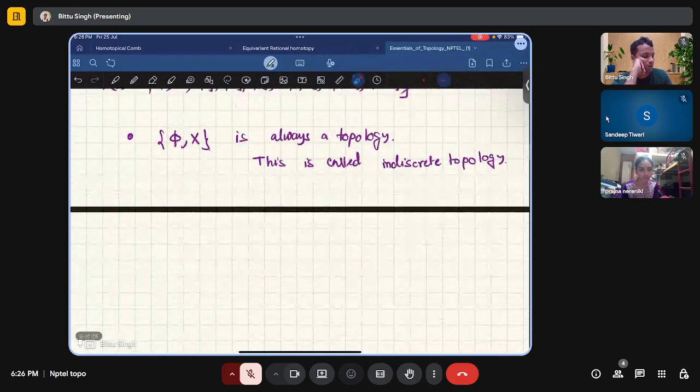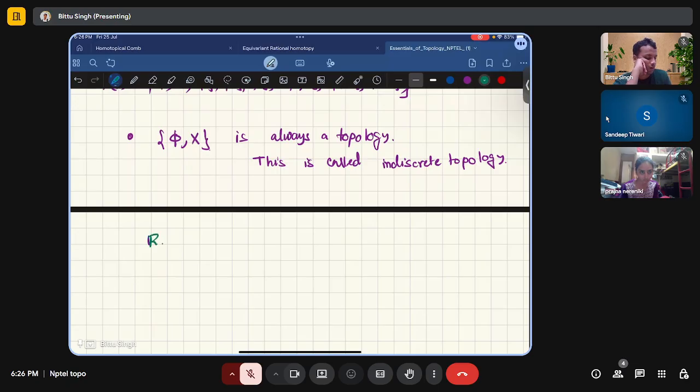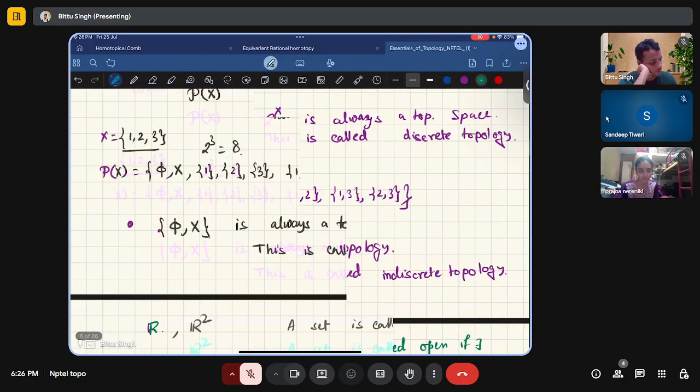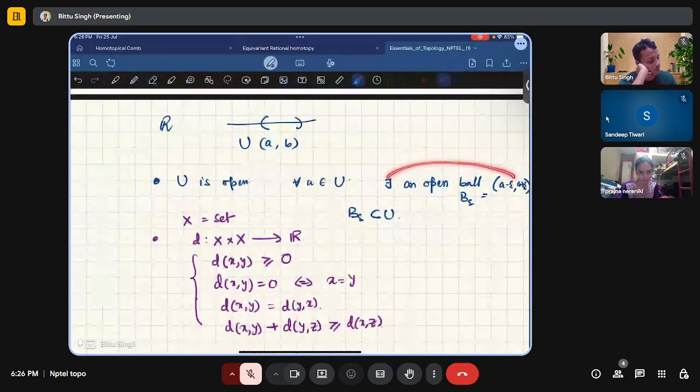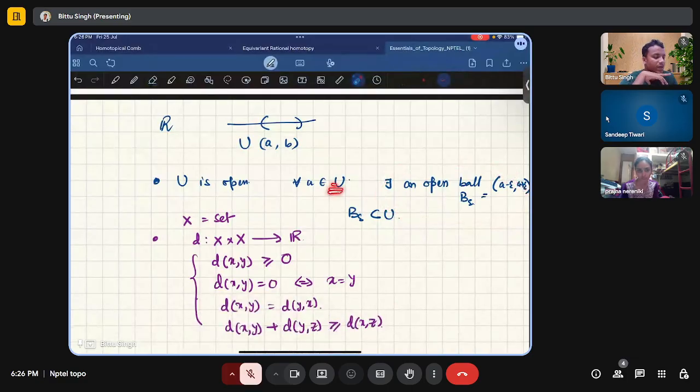In R or R2, you know that topologies are generated by those open sets. That is, a set is called open if there exists, I have already written the definition, an open ball around that point which is contained in that set.